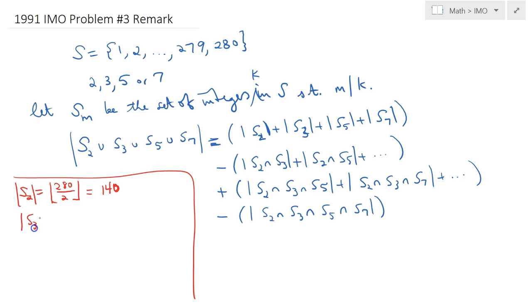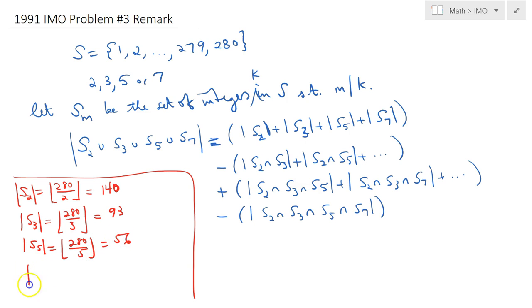S sub 3, the number of integers divisible by 3 from 1 to 280, turns out to be 280 divided by 3, I think it is 93. S sub 5 would be 280 divided by 5, which is, I believe, 56.